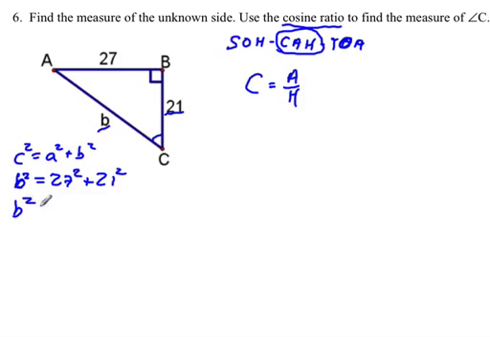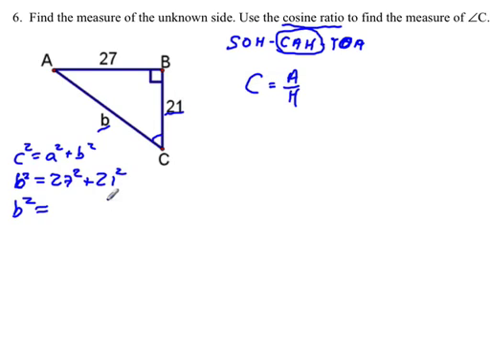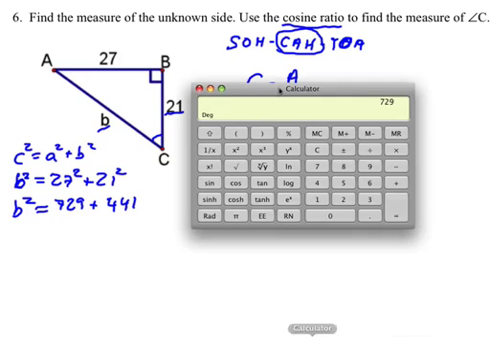So B squared is equal to 27 squared, which is 729, plus 21 squared, which is 441, which is 1170.